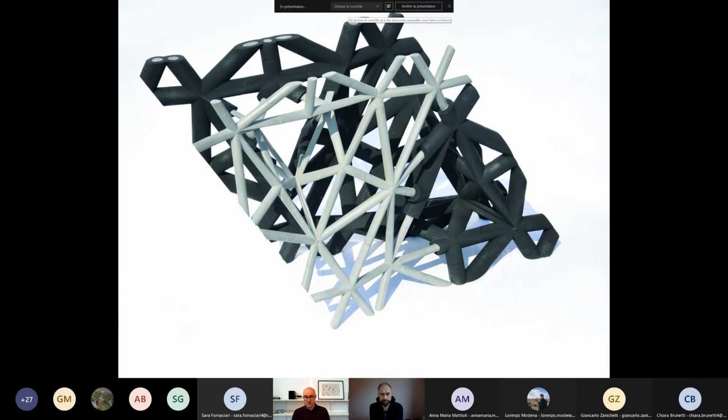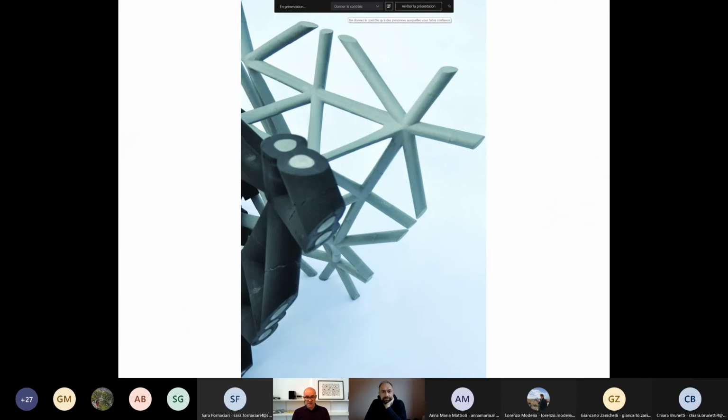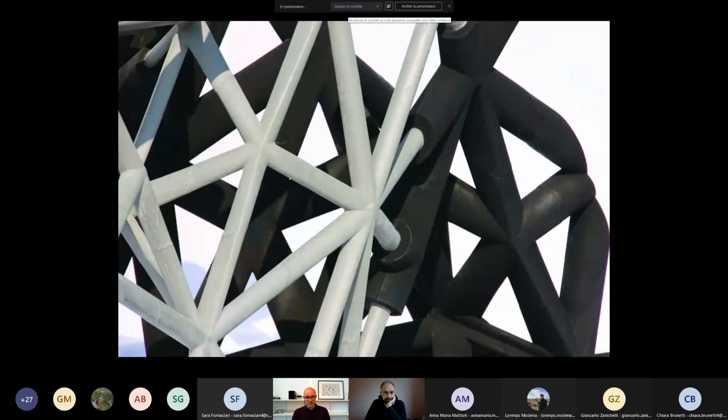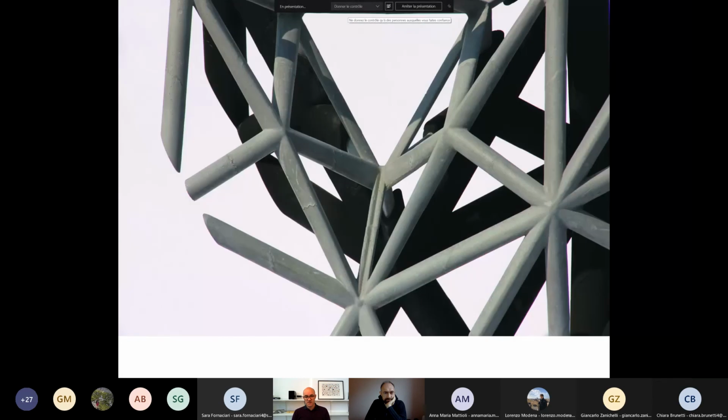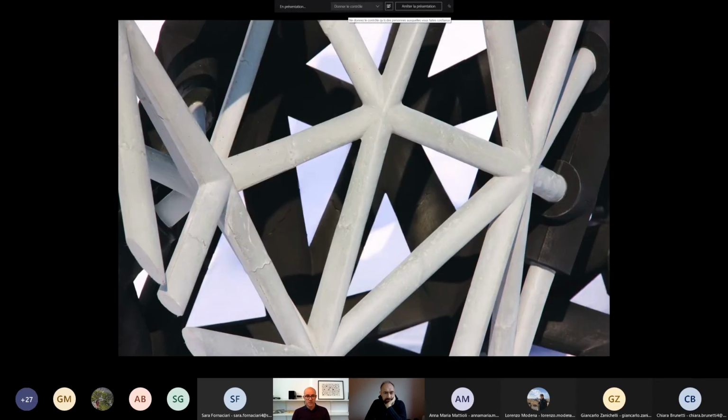So it's really nothing. It's really a lightweight three-dimensional lattice in concrete made with three-dimensional 3D printed sand molds.